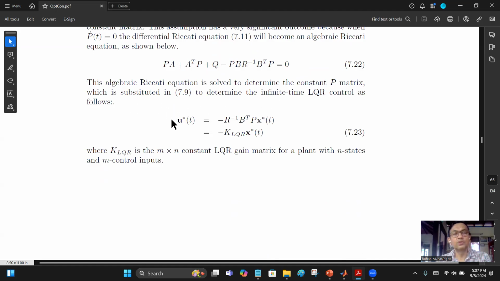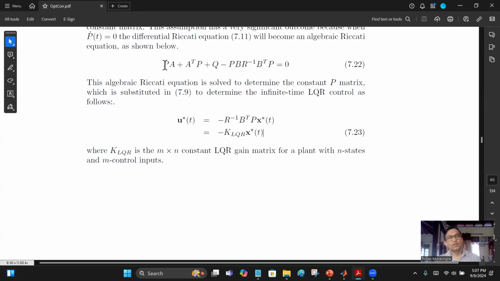LQR control is as follows. And because P is coming from this one, you can actually calculate the values for P and put it over here. And this is your LQR control.